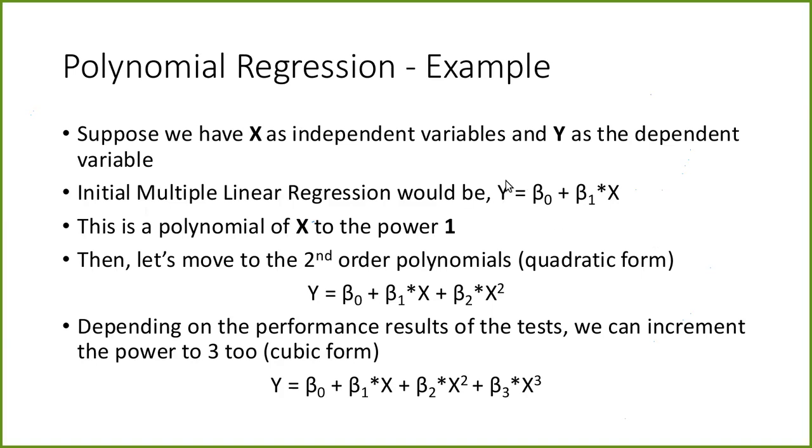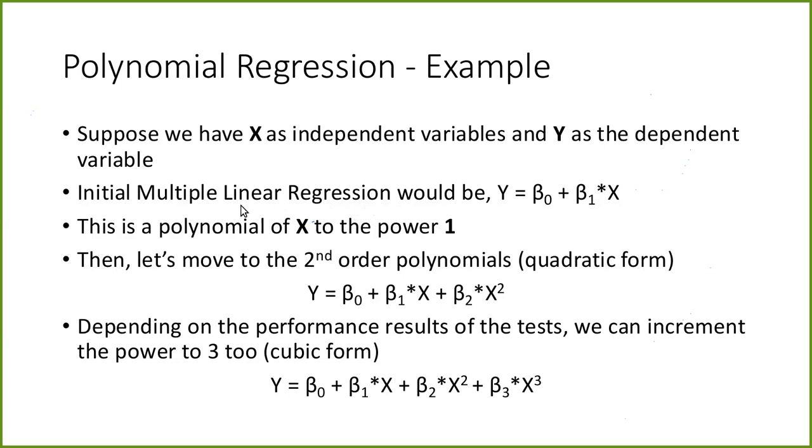And if this is not giving you the correct results, what you can do is add another x variable which is x to the power 2. Make sure that this is not a multiple linear regression.